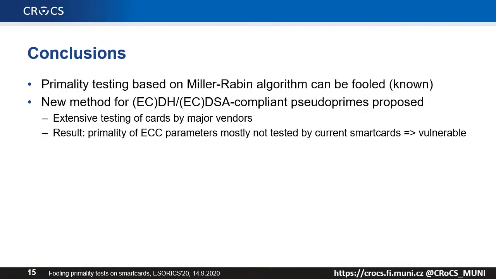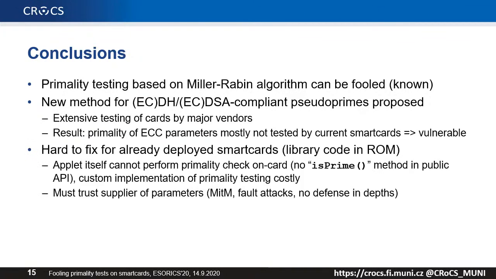As a result, if the attacker managed to change this domain parameter to be a composite, the card is vulnerable and the attacker can extract the private key. The issue is hard to fix for already deployed smart cards because the implementation is in a code baked in ROM, read-only memory, which means it can't be updated. What can be updated is the code of applets doing the setting of these domain parameters.